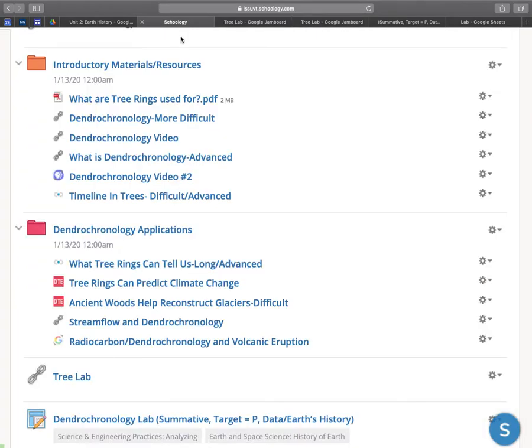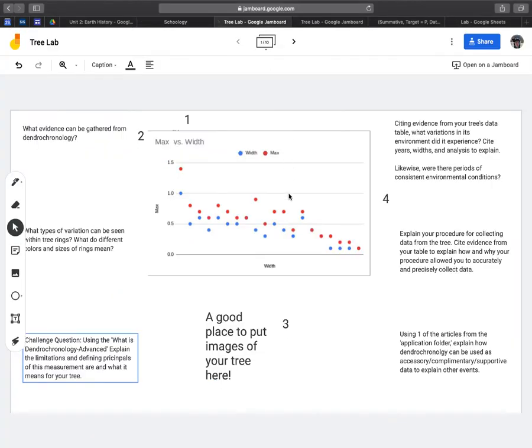So for example, in this article, people use dendrochronology to really help reconstruct glacial movements and glacial retreats. So we used dendrochronology, like we use isotopes, to understand other events sort of by thinking about what do the isotopes or the tree rings mean for what likely happened. And you should be all set.